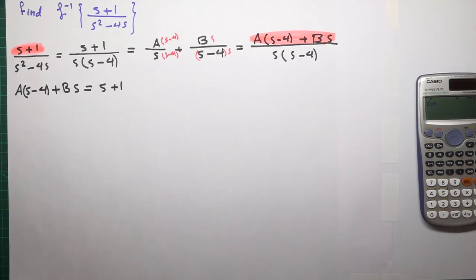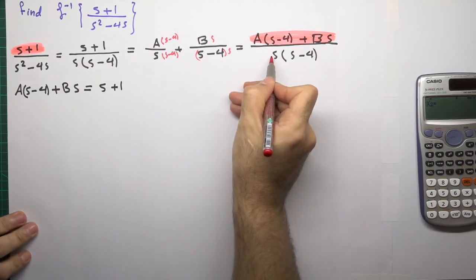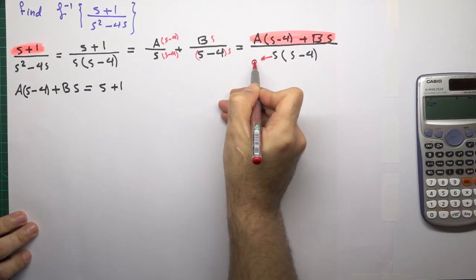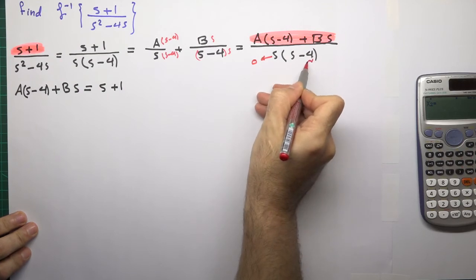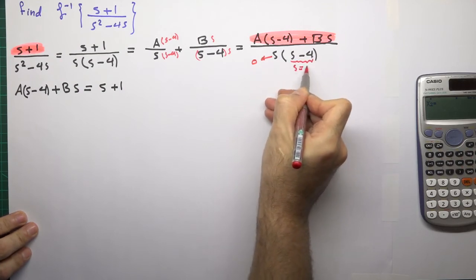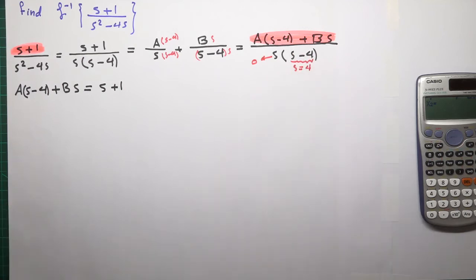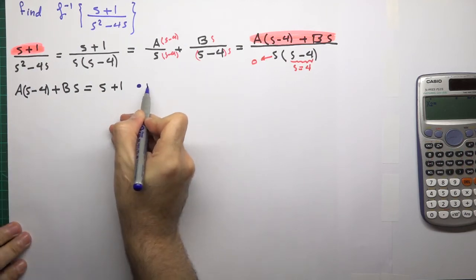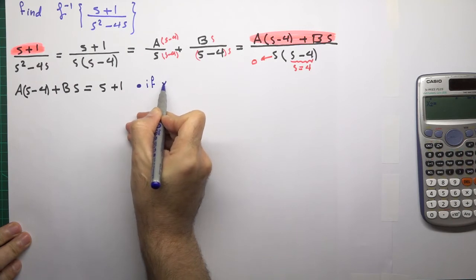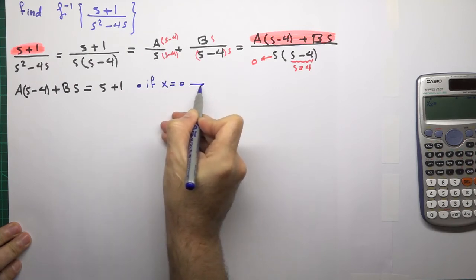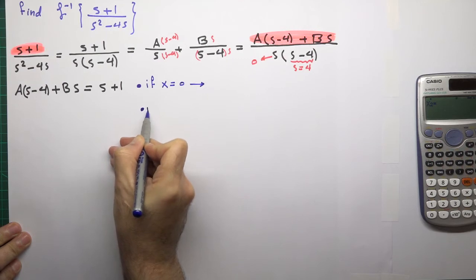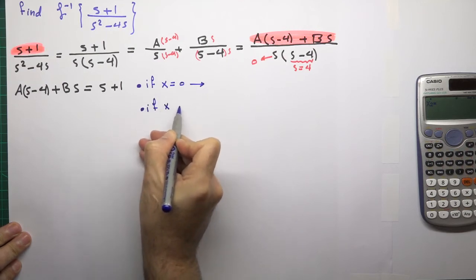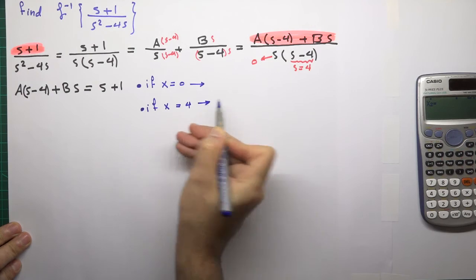And we will choose two real values, and to make things very easy, I will choose 0 to make s equal 0, and I will use s equals 4 to make this 0. So if s equals 0, we will have something, and if s equals 4, we will have something else.